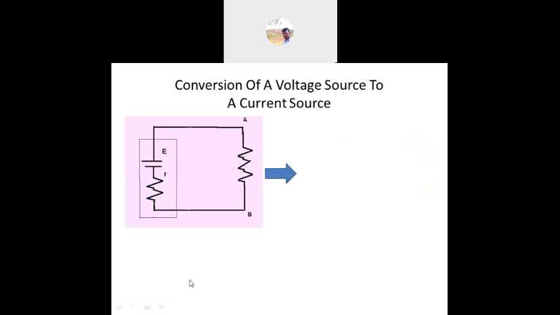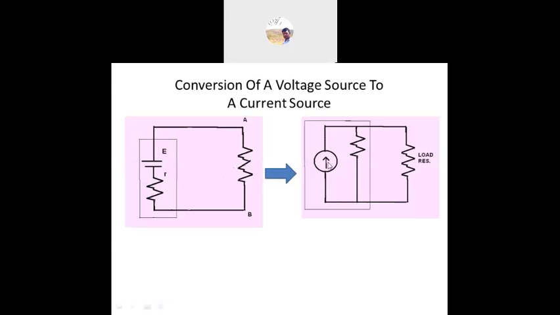In a voltage source, the resistor is in series with the source. In a current source, the resistance is in shunt, that is, parallel with the source.